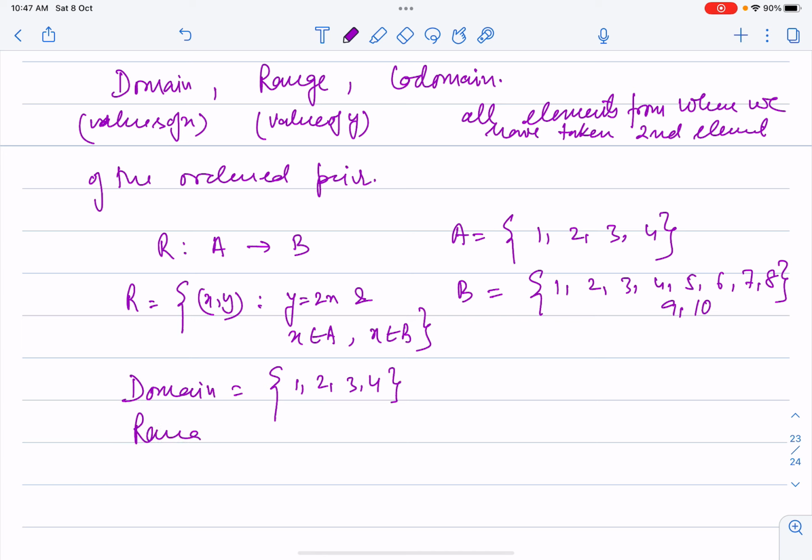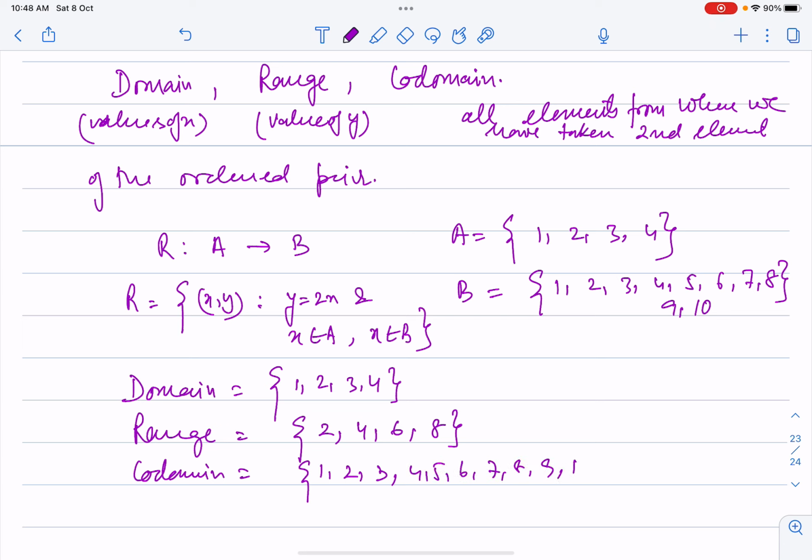Similarly the range will be twice of these, so 2 into 1 is 2, 2 into 2 is 4, 2 into 3 is 6, 2 into 4 is 8. And codomain is all the elements of B, that is 1, 2, 3, 4, 5, 6, 7, 8, 9, 10.